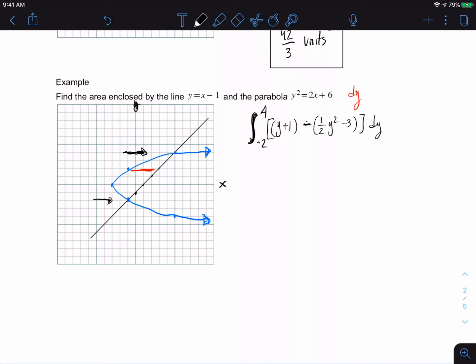So then I'm going to clean this up. So I'm going to get -2 to 4, and I'm going to get a -1/2 y squared plus y plus 4 dy. We okay with that?